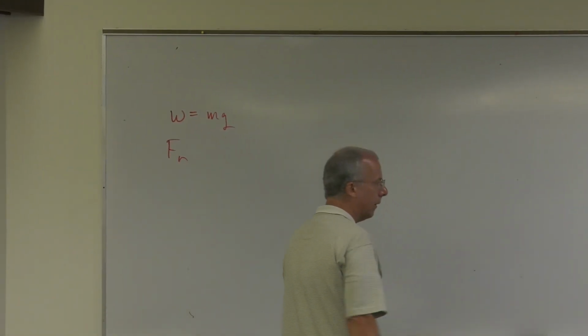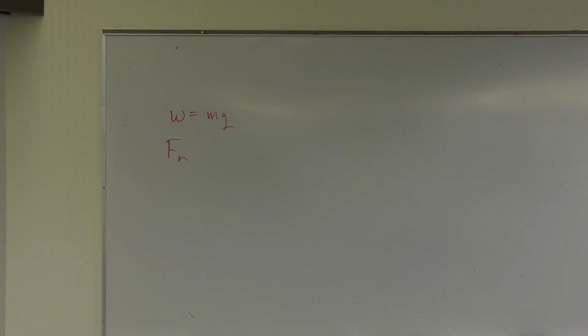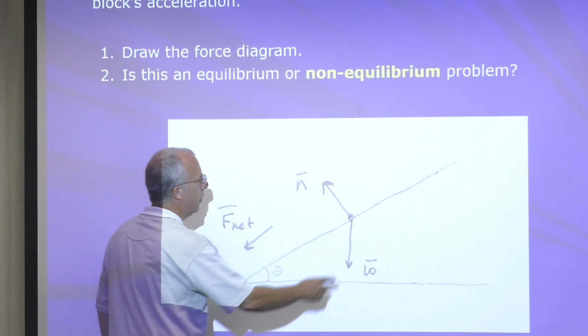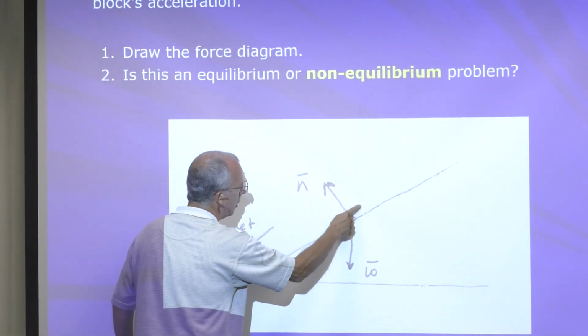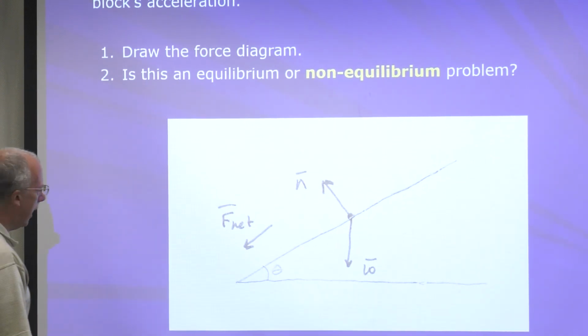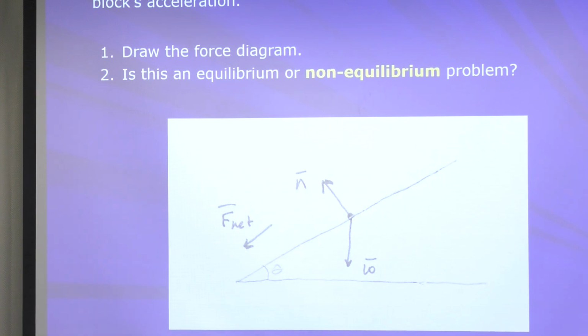That's it. So here's the force diagram. The weight always points towards the center of the earth, so it's always straight down. The normal force, normal means perpendicular, so it's perpendicular to the surface. Now, what's the direction of the net force? Down, right? Here's an easy way to think about it.